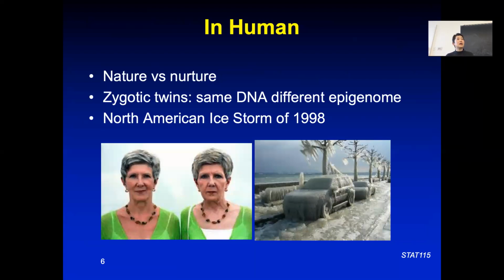In fact, during World War II, there was a siege in the Netherlands. So German soldiers had a siege in that region. A lot of people died, but then some people survived even with the famine. And it was found several generations after, their kids are more likely to be obese.